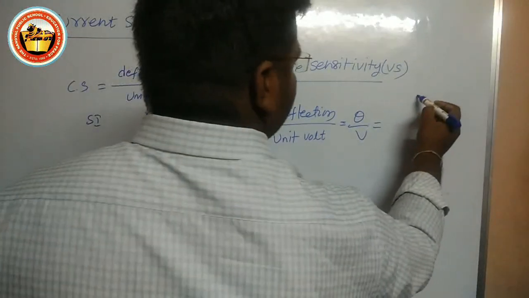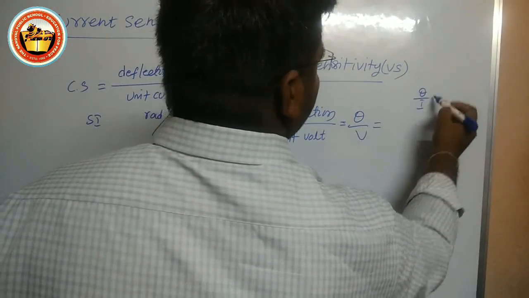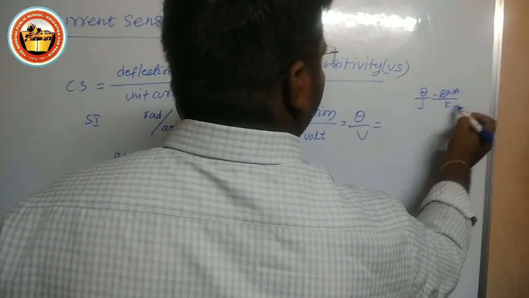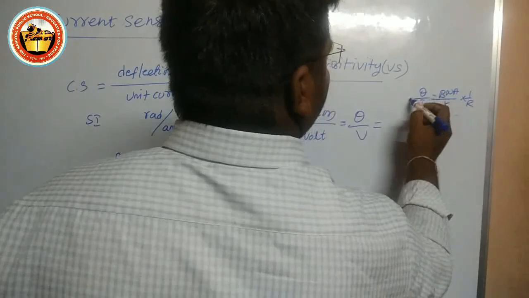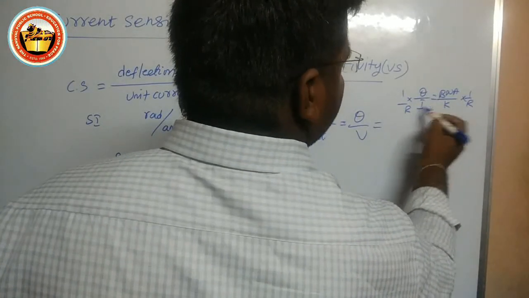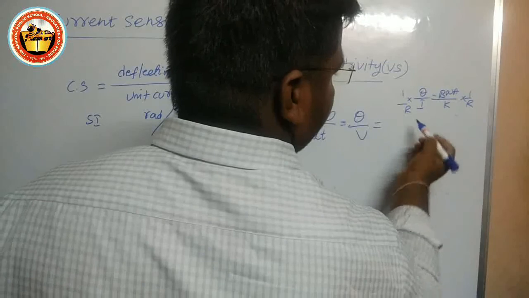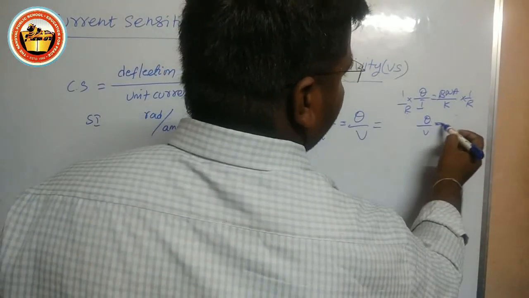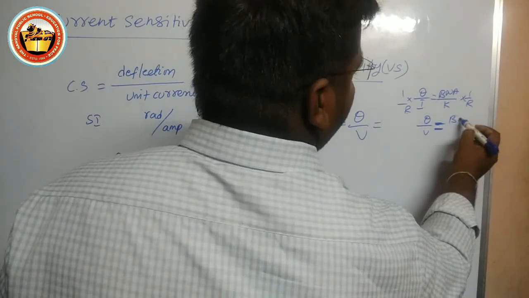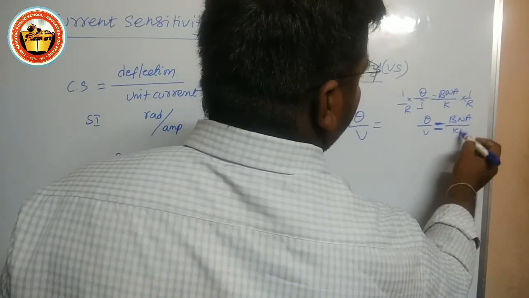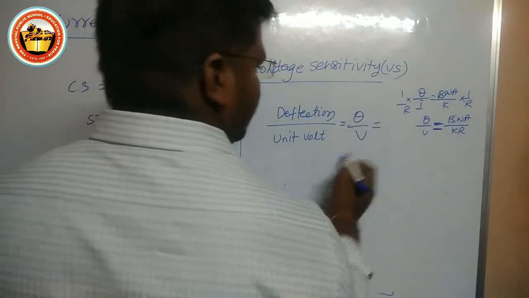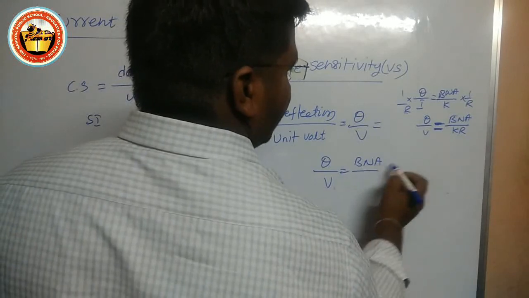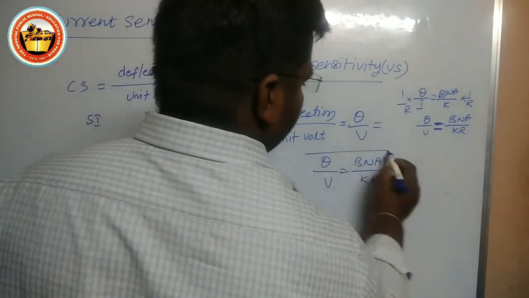Current sensitivity, theta by I, is equal to BNA divided by K. Since V is equal to IR, theta by V is equal to theta by IR, which gives BNA divided by KR, where R is the resistance.